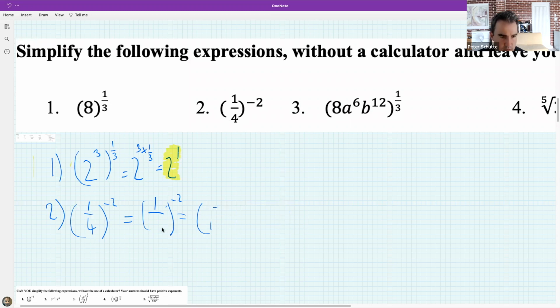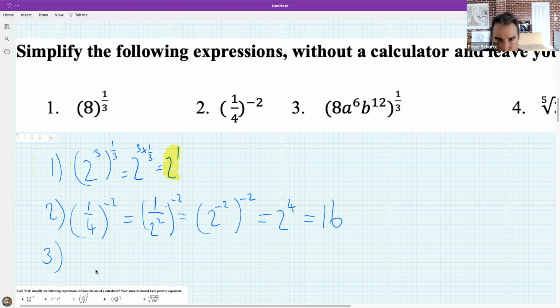Let me redo that. So that is 2 squared, not 4 squared. So that's 2 squared. And so now when I bring that above the line, I get that. And then I get negative times a negative, I get +4, and I get 16. Nicely done. Okay, so it's just question 3 to go.